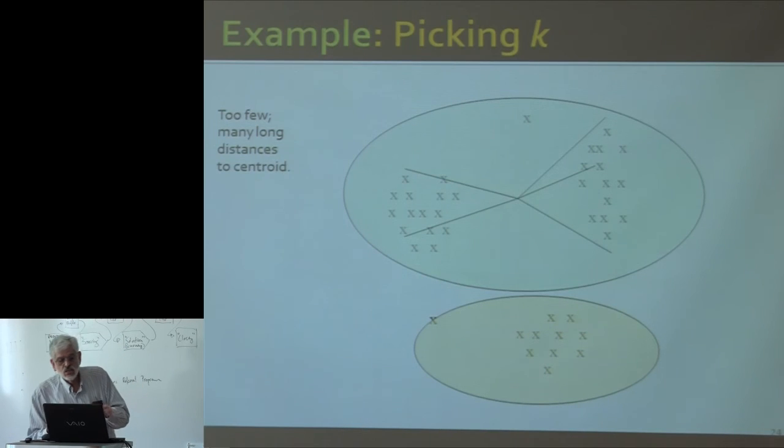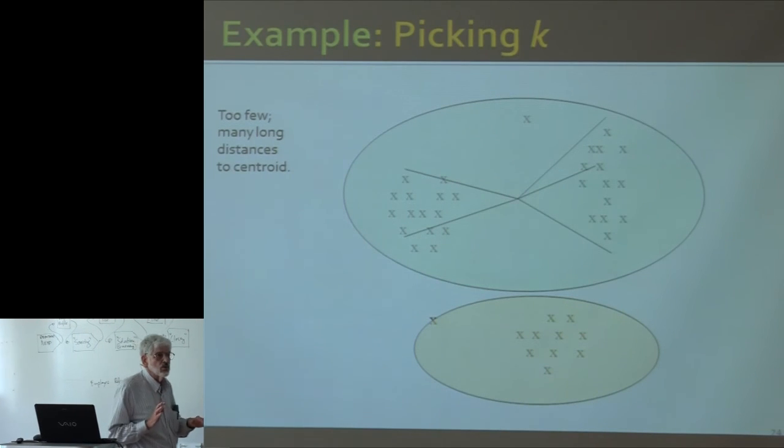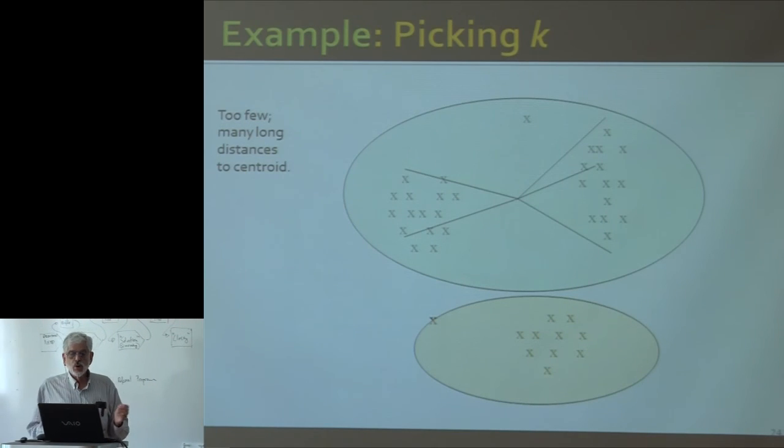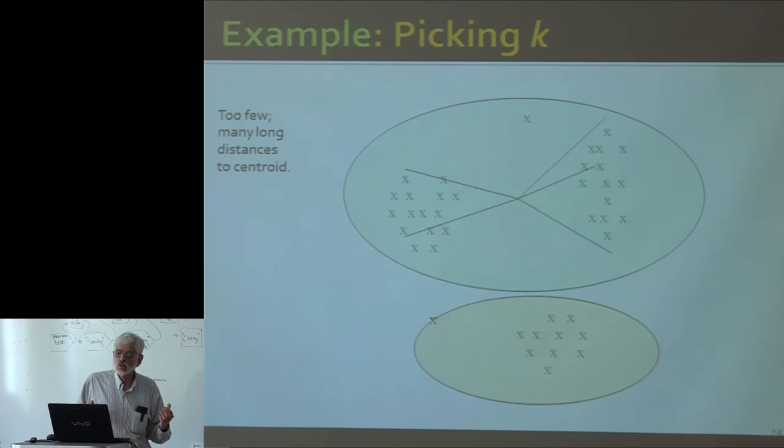Remember, this is the example that I started with, and there really are 3 clusters. Suppose I try K equals 2. Well, the best thing I can do will probably combine at least 2 of those clusters into 1. So for the cluster that really should be 2 clusters, the centroid is going to be somewhere in the middle, and it's going to be far from all the points in the cluster.